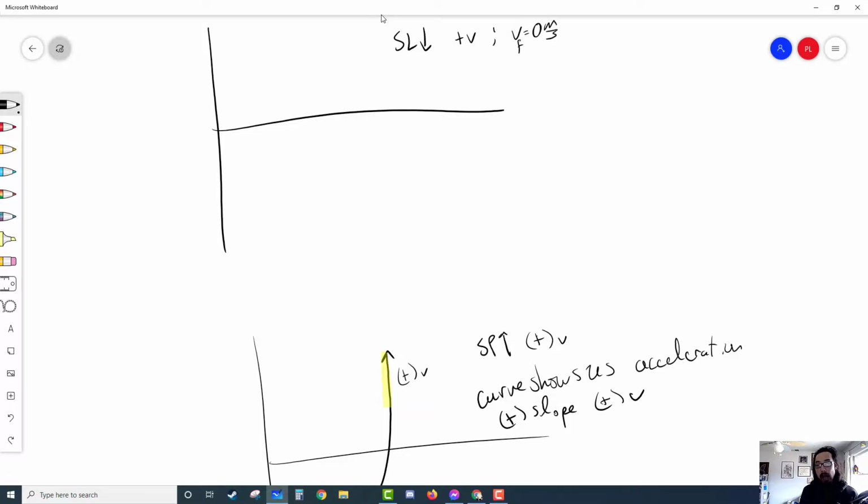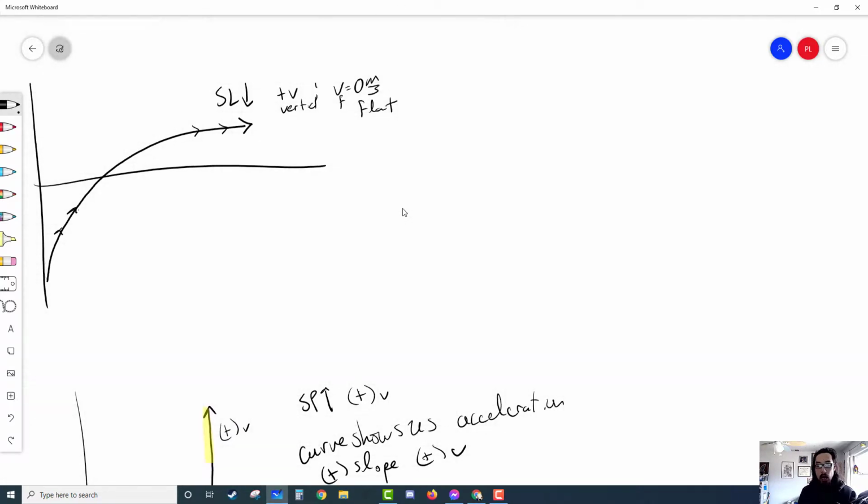So it'll flatten out. This part will be flat and this part will be vertical. We get something like this. We know it starts off with a positive velocity because my line is going upwards, but then it flattens out towards the end, which shows that the velocity is approaching 0.